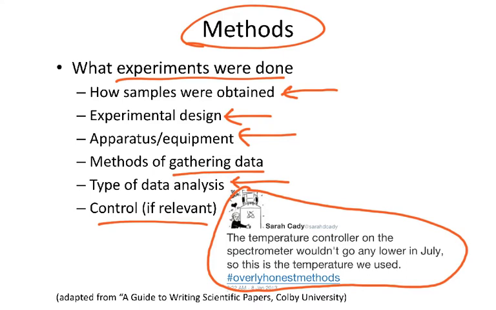We scientists, of course, always want to be as rigorous and scientific as possible. Every once in a while, though, you end up with logistical limitations that you just have to work with. So for this overly honest methods example, this scientist is saying that for their spectrophotometer, they used one particular temperature because it was July and it was hot and it wouldn't go any lower. So that's what they used.